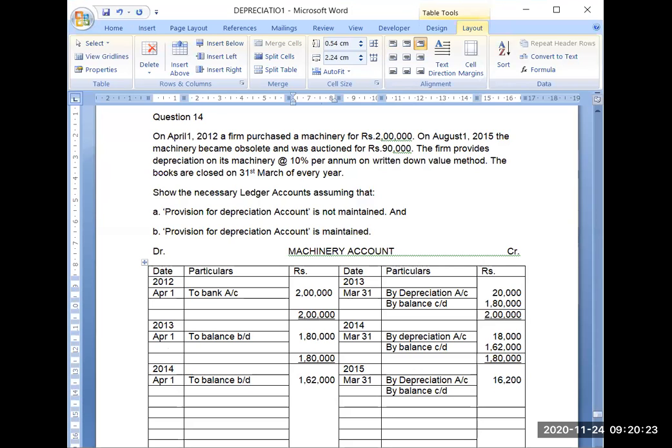We will write down the total 1,62,000, and when we will subtract, 162 minus 16, 146, 1,45,800.